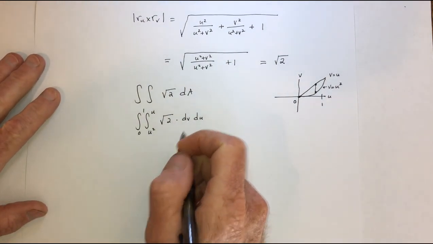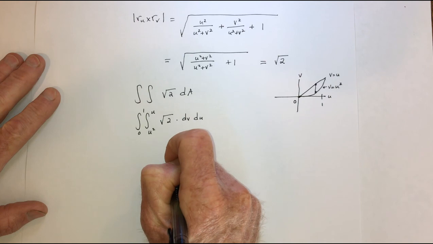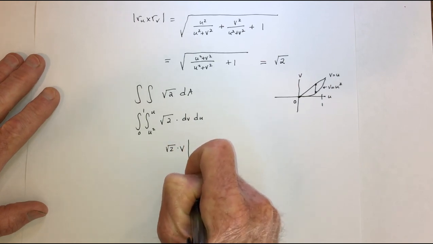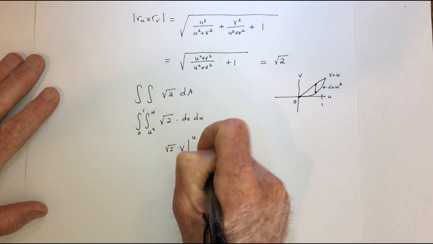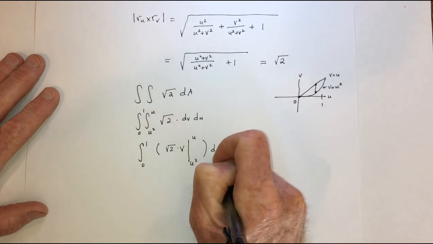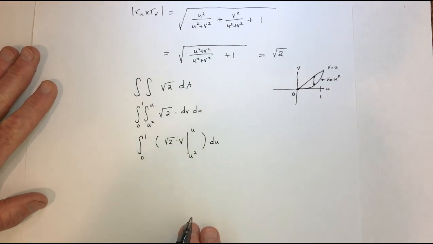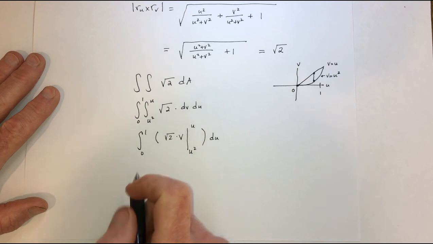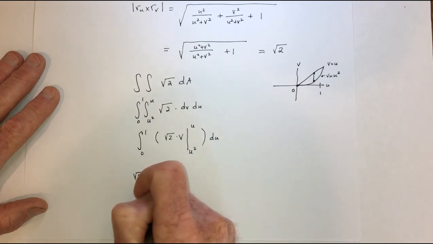Okay, so the antiderivative will be radical 2 times v, and that gets evaluated from u squared to u. And last, we'll need to integrate from 0 to 1. So I could just factor out the radical 2.